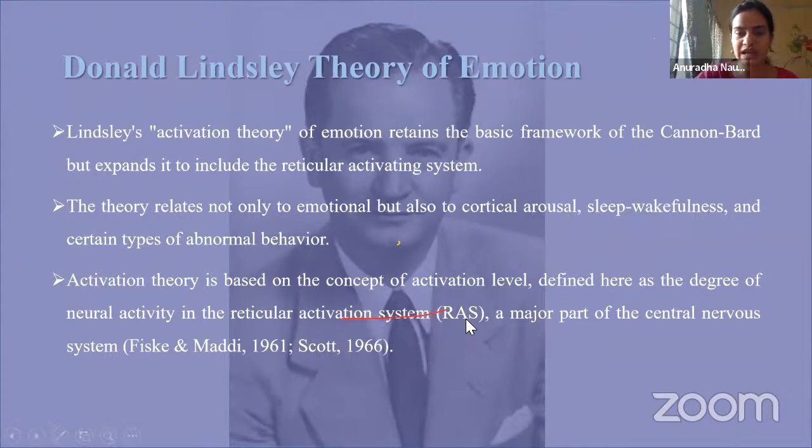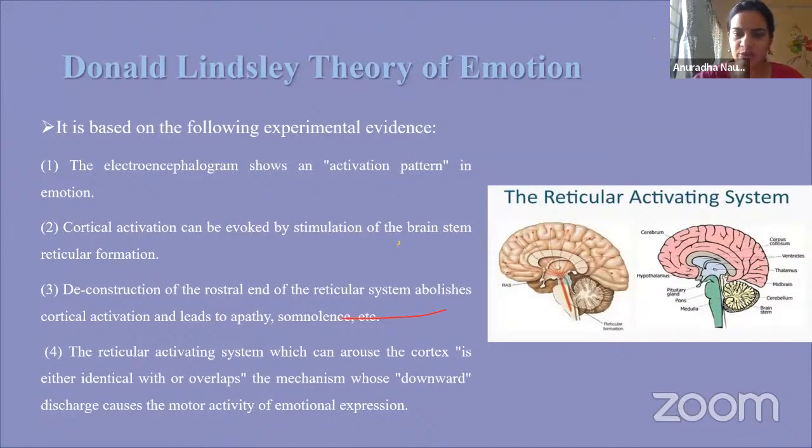How the neural activity is happening in the reticular activation system is considered very much in this theory. So how our brain is being activated by different emotions, he considered that and included that with Cannon-Bard's theory and came up with this new theory of emotion. And how the brain will be activated can be seen through an electroencephalogram.